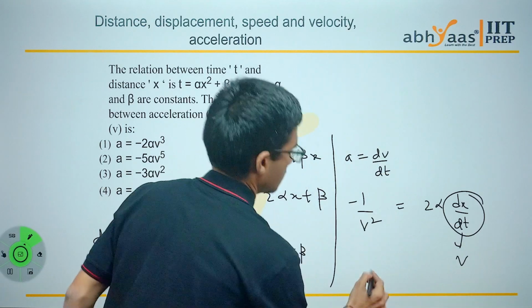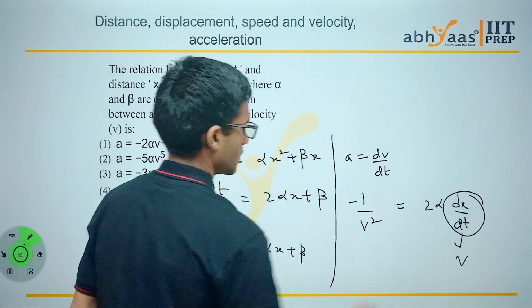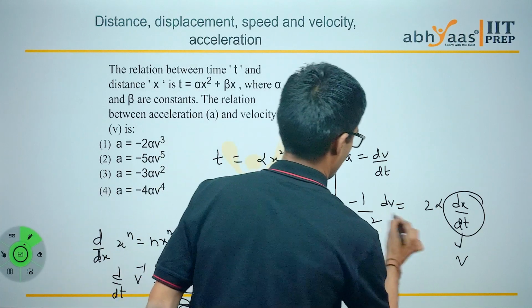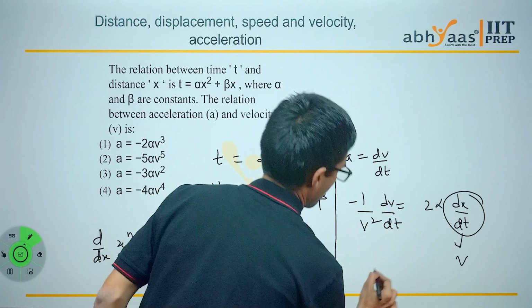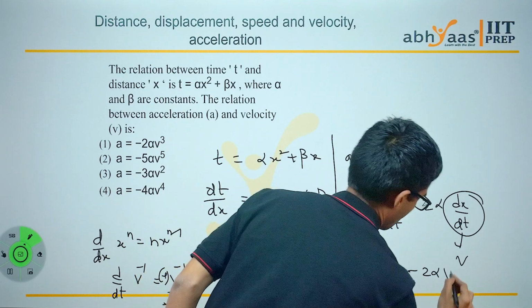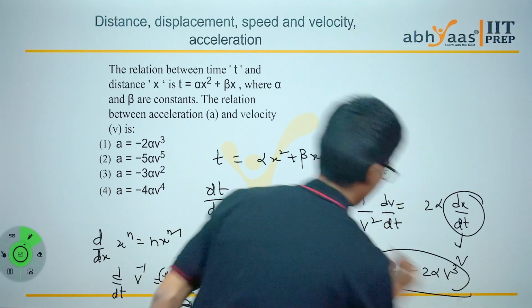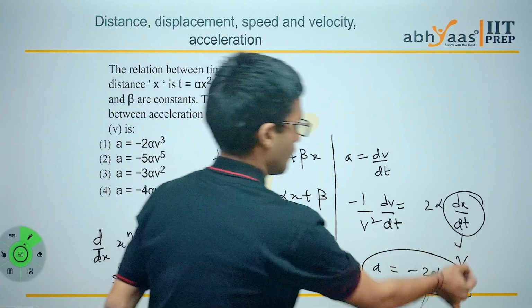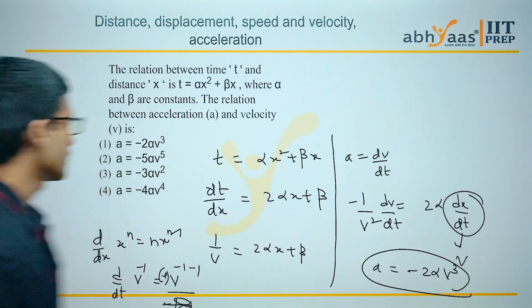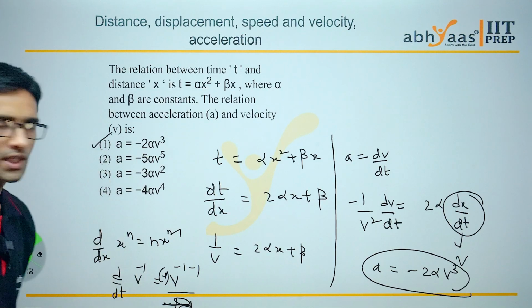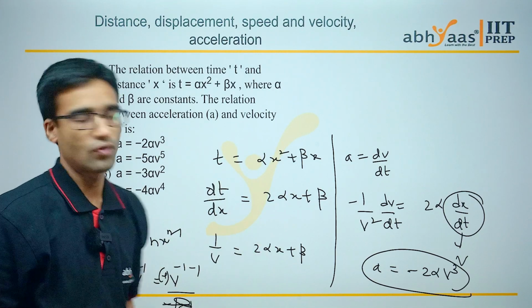So this is dv by dt, that is acceleration, is equal to minus 2 alpha v cube. This is the answer, because v square I just took to that side, it is 2 alpha v into v square, that is minus 2 alpha v cube. You got that, right? So simple, he has given it in reciprocal form.